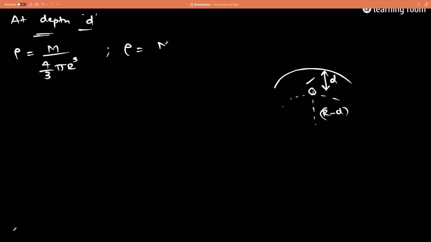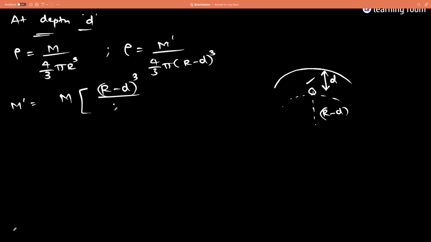The same rho will be equal to M dash divided by 4 by 3 into pi into r minus d the whole cube. Then M dash will be equal to M into r minus d the whole cube divided by r cube. So let this be equation number 1.